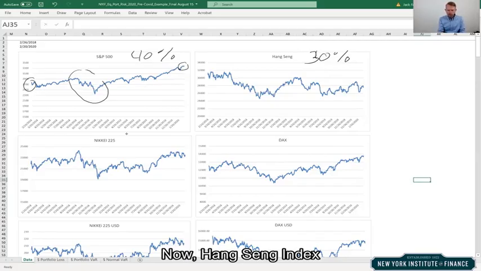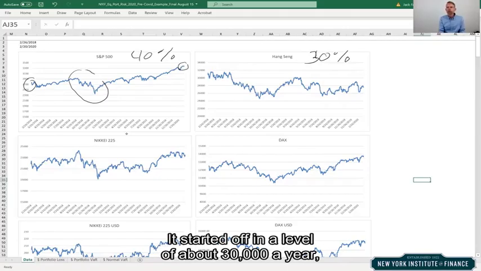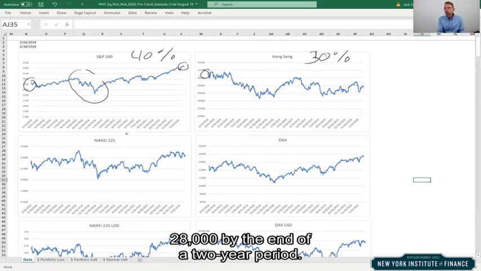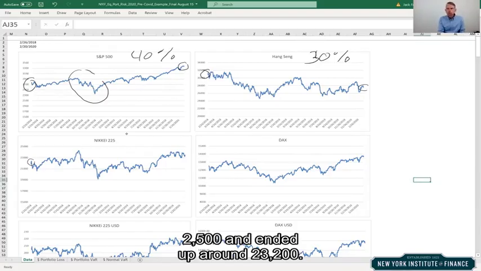Okay. Now, Hang Seng Index actually was down a little bit over that time period. So it started off at a level of about 31,000 here, and then went down to about 28,000 by the end of the 2-year period. Now, the Nikkei started off at about 22,500 and ended up around 23,200.